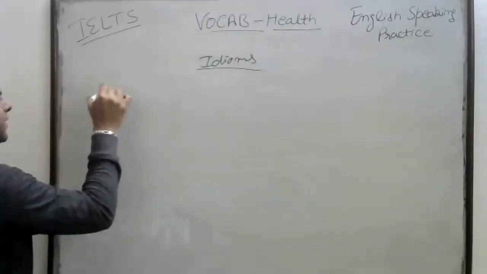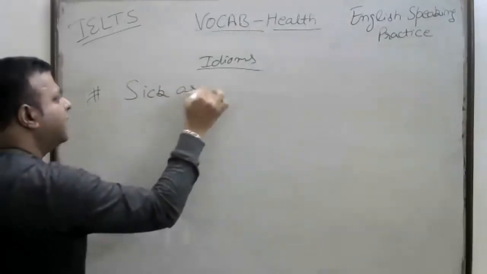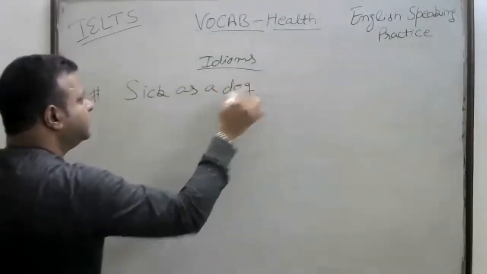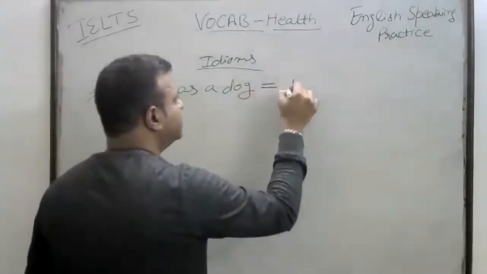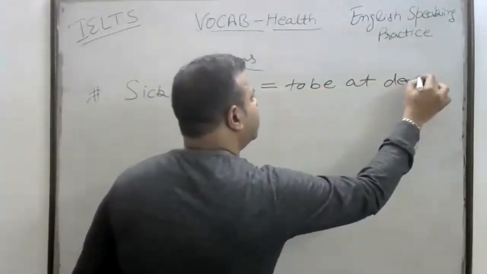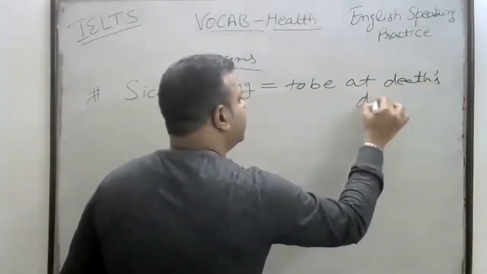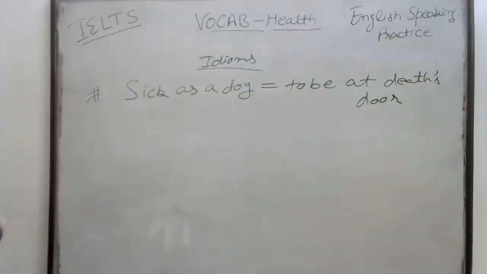Right. Then next, I know what number we are on. Sick as a dog. Sick as a dog, right? You can also say to be at death's door. To be at death's door.